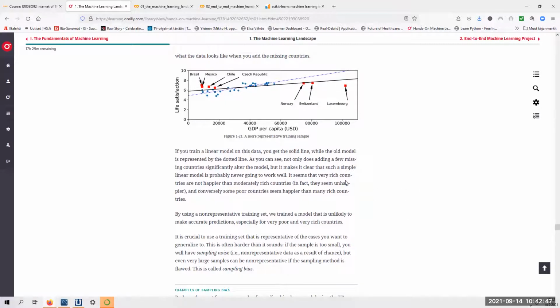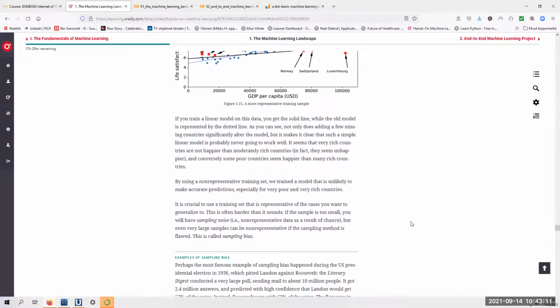So it seems that the very rich countries are not happier than moderately rich countries. And some poor countries seem happier than these rich countries. So by using a non-representative training set, we trained a model that is unlikely to make accurate predictions, especially for very poor or very rich countries.